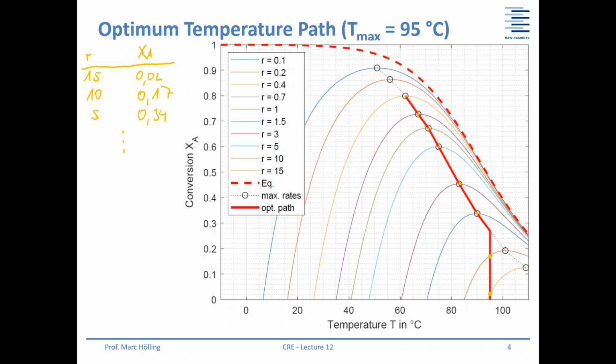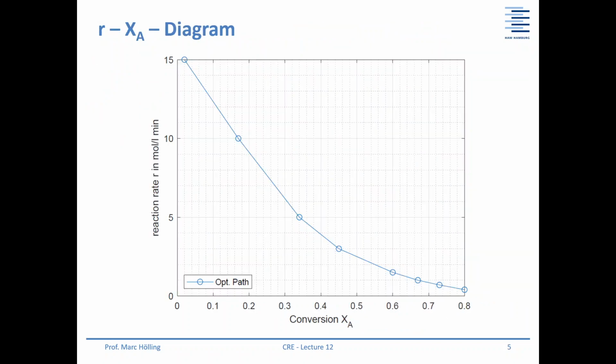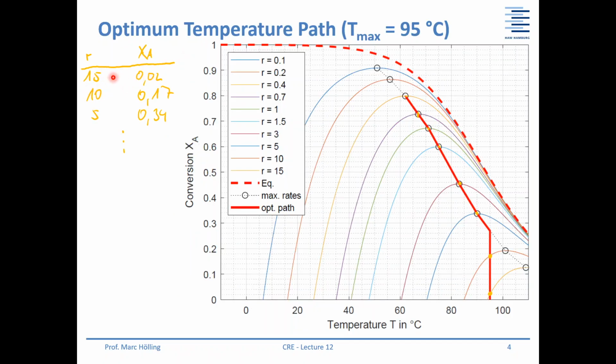So basically you can do it for every point here where you have the different reaction rate, and then you can create a new diagram that could look like this. So here at the conversion of 2%, we have a reaction rate of 15. So this is the first value here.